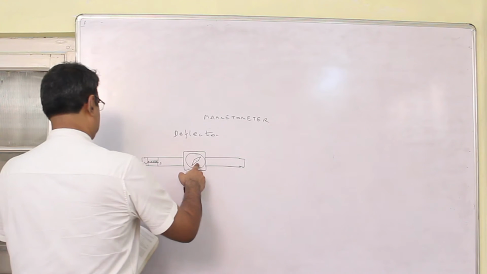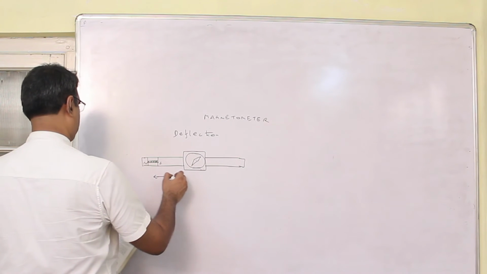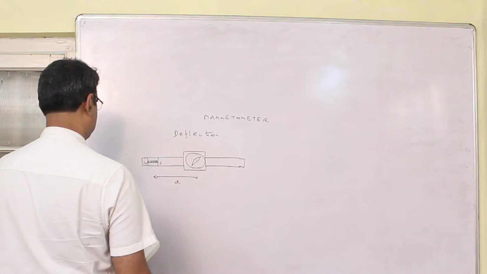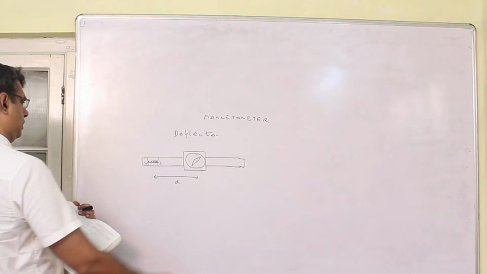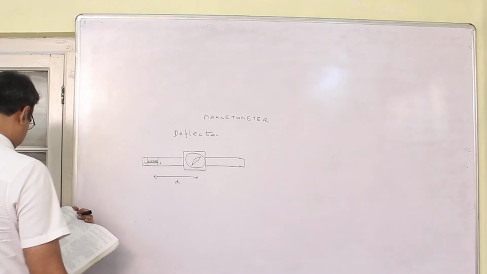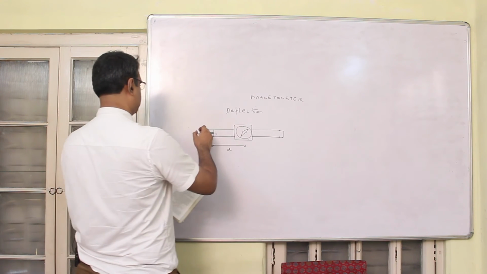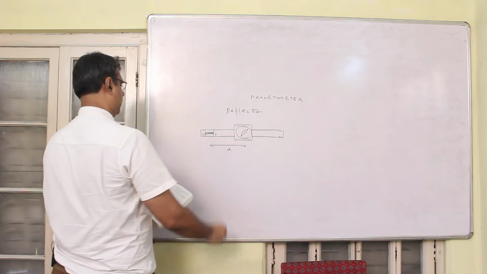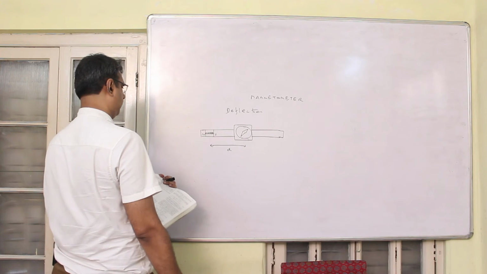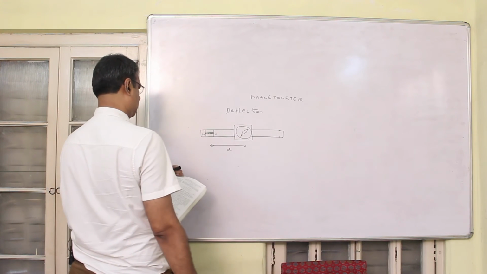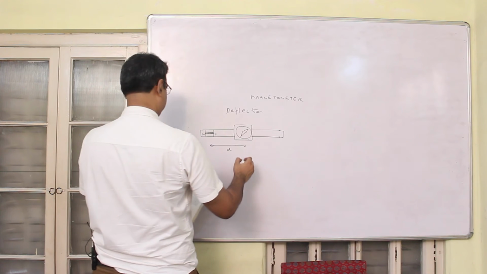Now, with respect to this compass needle, the magnet is placed in an end-on position. And by the way, this is a wooden scale of significant length. So we know the distance from the center of the magnet to the center of the compass.